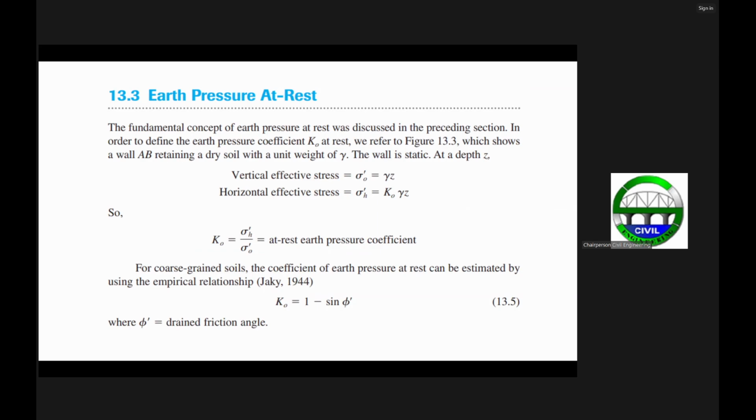You measure some data in the field, and then you try to make correlations. So that's an empirical relationship. He mentioned that the at-rest earth pressure coefficient can be equal to 1 minus the sine of the drained friction angle, or the effective friction angle, that's phi prime. This is again your shear strength parameter.